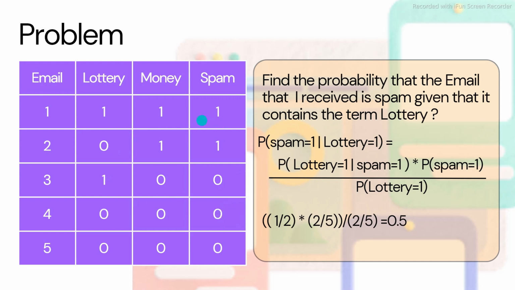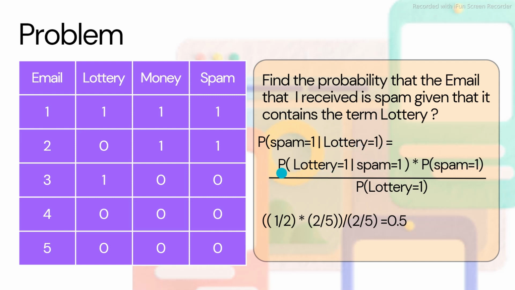And this is the data sheet, and we have to find the probability that the email I received is spam, given that it contains the term lottery. If it contains the word lottery, then we have to calculate whether it is a spam email or not. Here we have to find out whether it is spam, therefore spam equal to 1, and for the word lottery equal to 1.